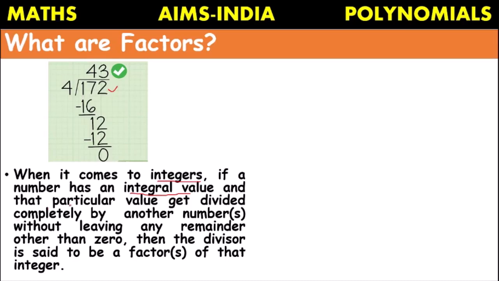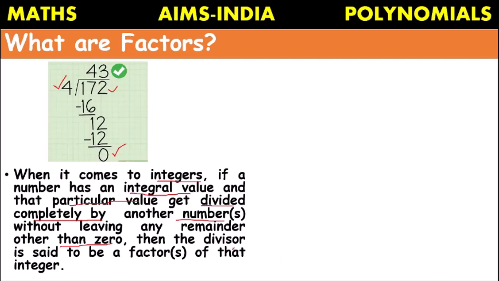And that particular value gets divided completely by another integral value or number such as 4, without leaving any remainder other than 0. After the division, whatever remainder we get should always be 0.